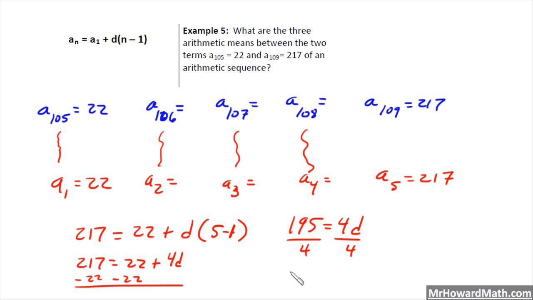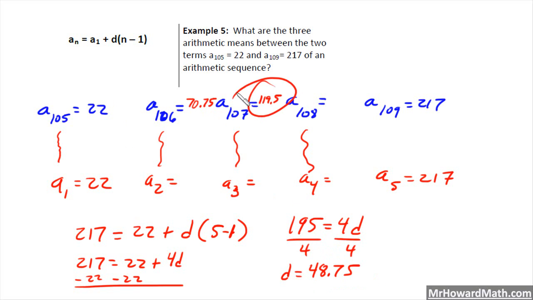Unfortunately, that's going to give us a decimal value, so d equals 48.75. So we know the common difference, so now all we have to do to find these other terms is add 48.75 each time. So 48.75 plus 22 is 70.75, so this one is 70.75. 70.75 plus this common difference is 119.5.